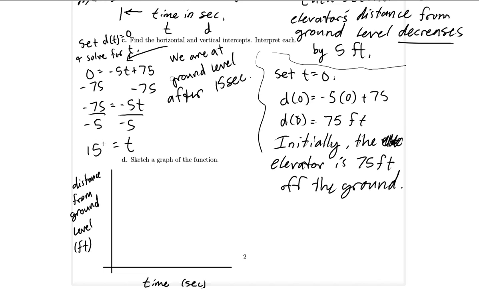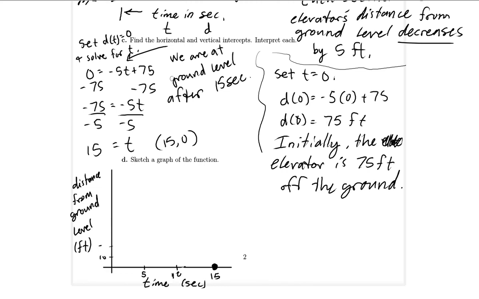So this t equals 15, what it's really saying is that (15, 0) is a point on this chart. So I know that if I go 1, 2, 3, and I label these every 5, then I can put a point right here. Your scale on your horizontal does not have to be the scale on your vertical. So the fact that I'm at 75 feet here, I'm going to label every 10.